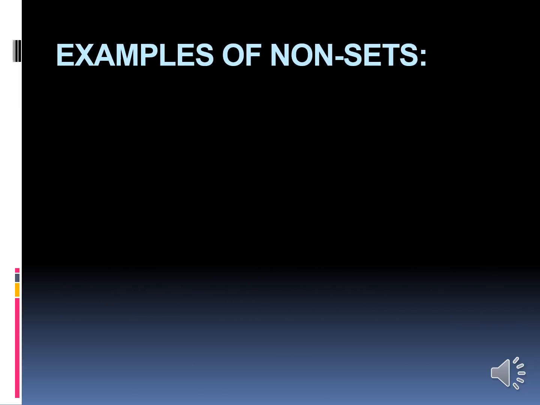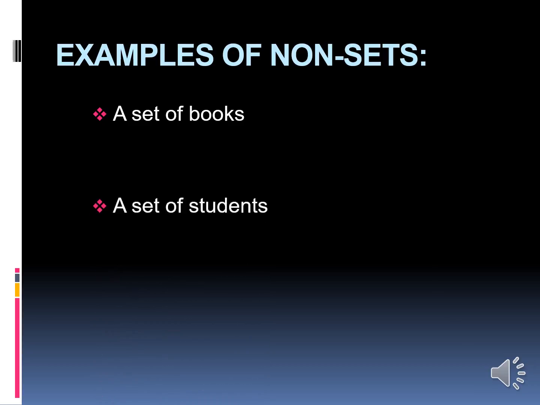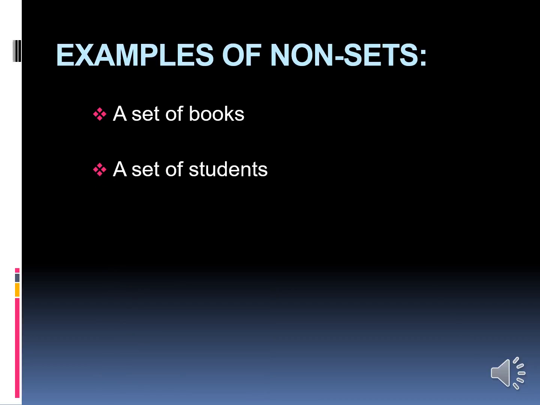There are examples of non-sets. So a set of books. A set of books is not a set because it is not specific. A set of students is also not a set because the students are not specific.